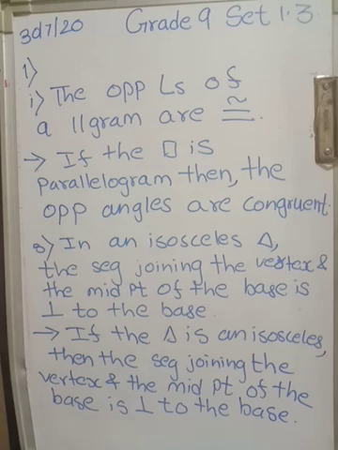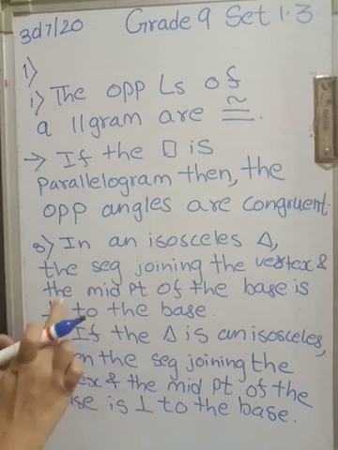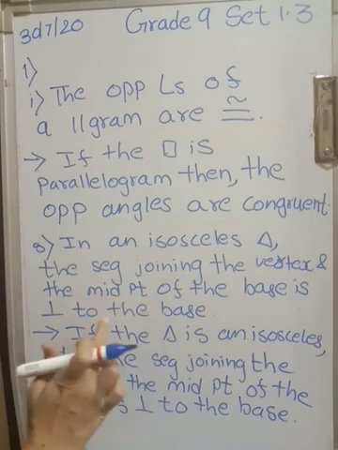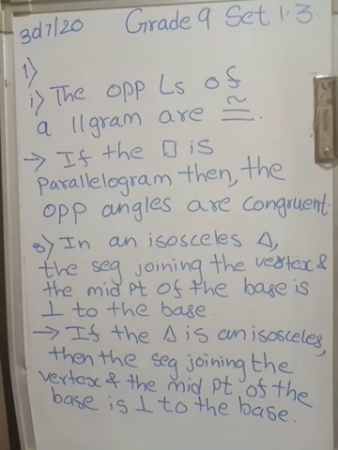So just see how it is written. Now the next sentence is that in an isosceles triangle, the segment joining the vertex and the midpoint of the base is perpendicular to the base. Now how is it written in if and then form?